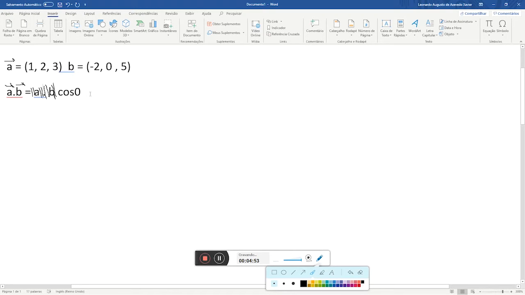So let's go. To find that product, first the length of A is the square root of 1 to the power of 2 plus 2 to the power of 2 plus 3 to the power of 2. That's equal to 3.74.